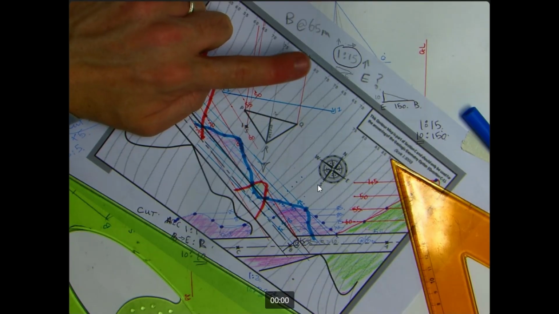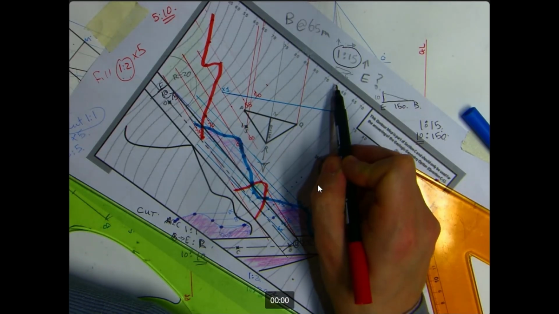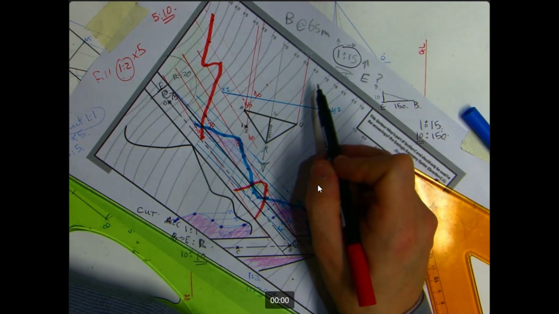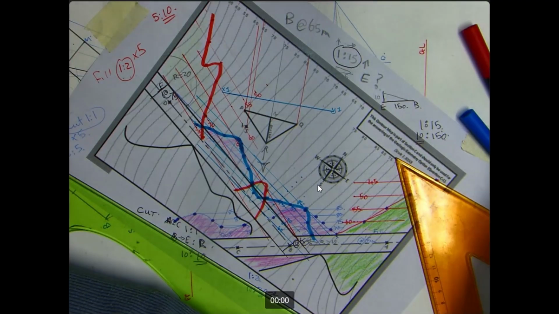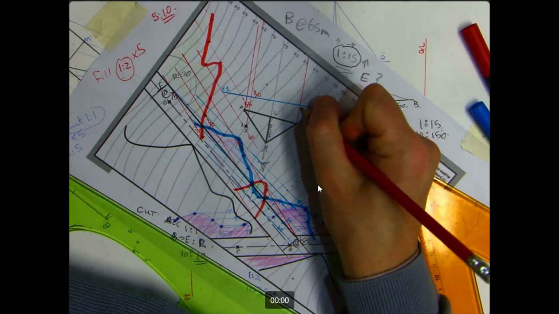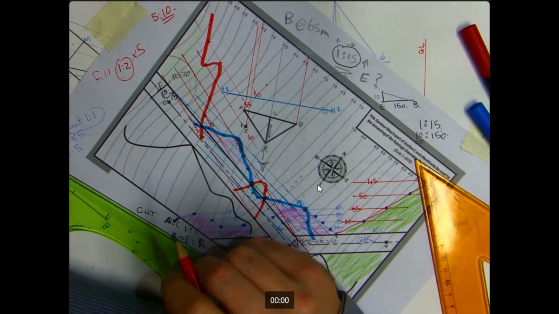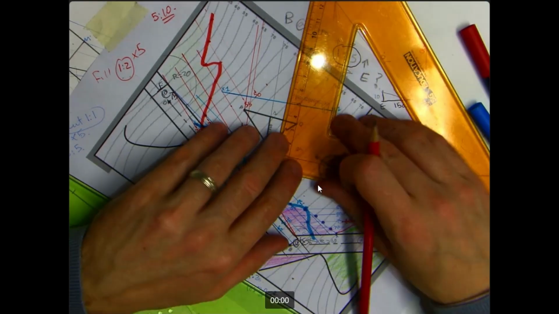How do I know what height they are? From the lines, they're on the lines. P is on 80, Q is on 70, and R is on 75. What's the lowest of those numbers? Q is the lowest at 70, so I'm going to put this here. So the x1, y1 is actually 70 meters above sea level. Does that make sense?